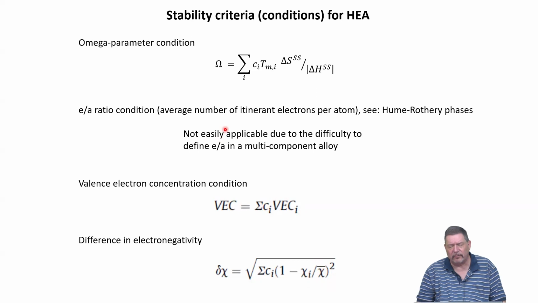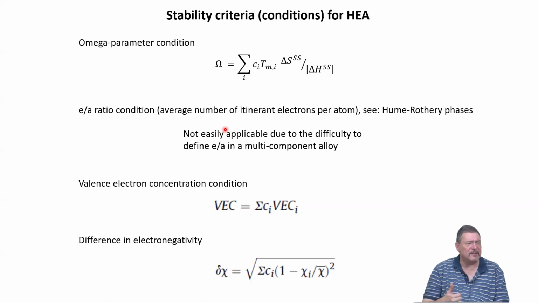The E/A condition, the average number of itinerant electrons per atom, is not really applicable, because the amount of itinerant electrons depends, first of all, on the binding, and second of all, for transition metal alloys, you have s, p, and also d orbitals.